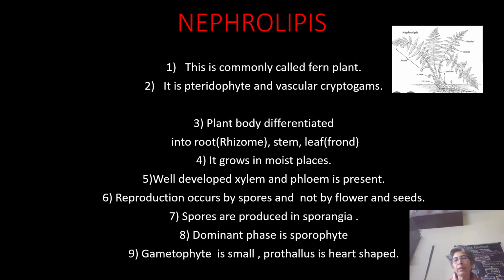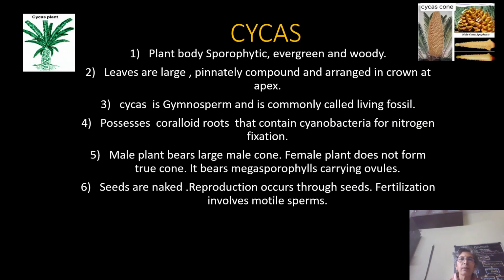See the diagram. There are leaves and roots and stem, and there are sporangia on the leaves. You can see carefully the leaves of fern plant. Next specimen is Cycas. Plant body of Cycas is sporophytic, evergreen and woody. See the plant.